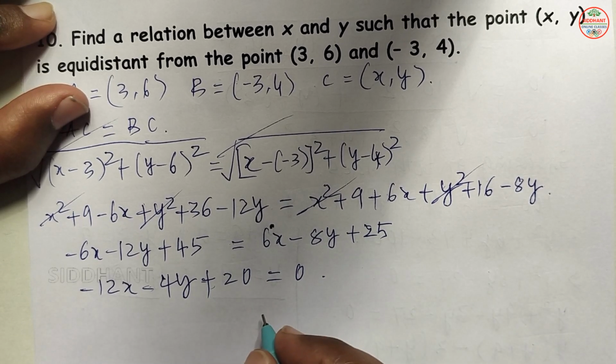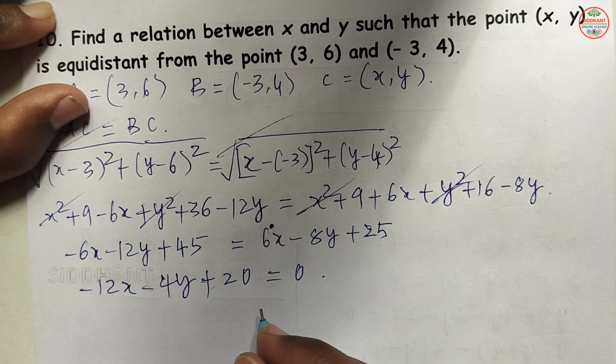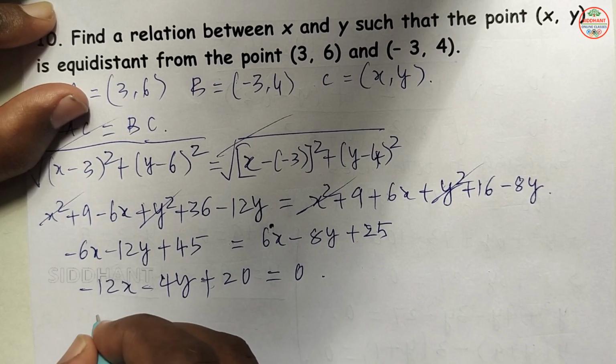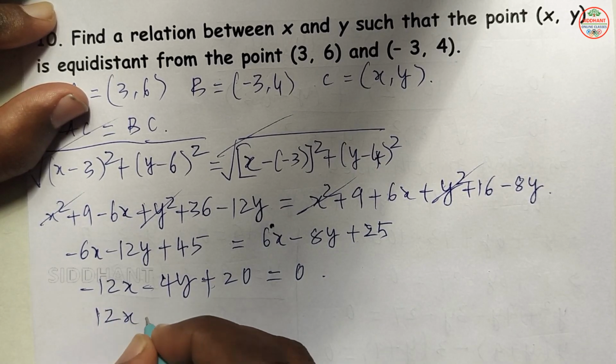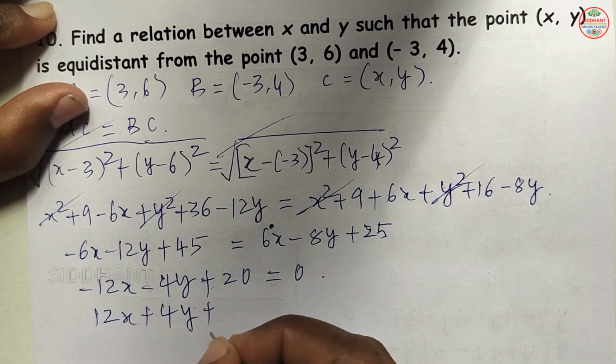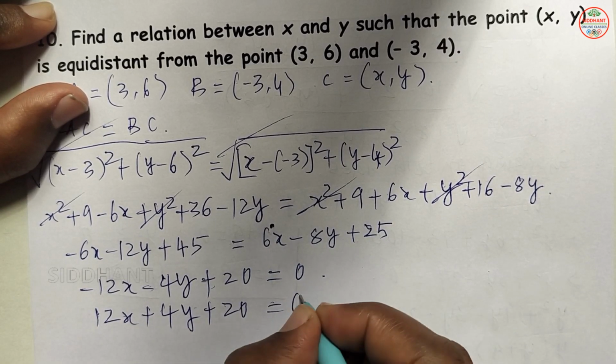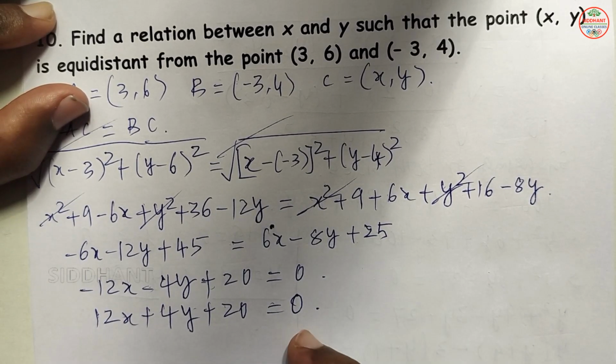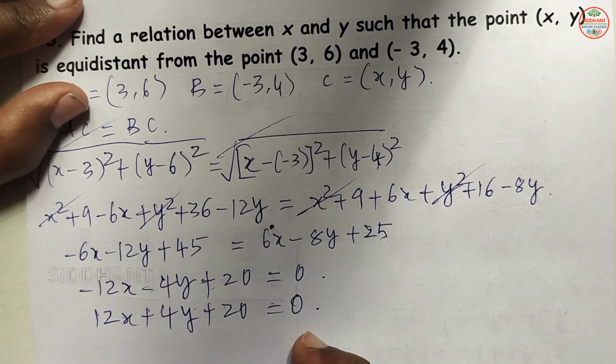So the minus sign we are going to remove: minus 12x minus 4y plus 20 equals 0.